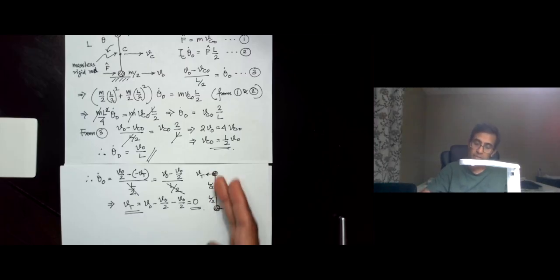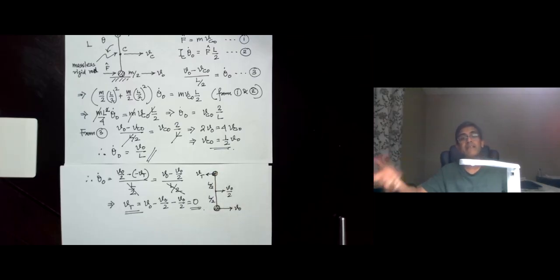Now, if you allowed the motion to resume after the impulse, then because of the tension in the rod, it's going to cause a motion in this particle eventually, but it's not going to happen instantaneously when the impulse is applied.